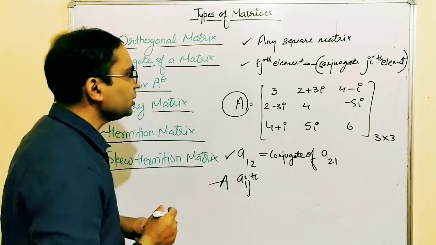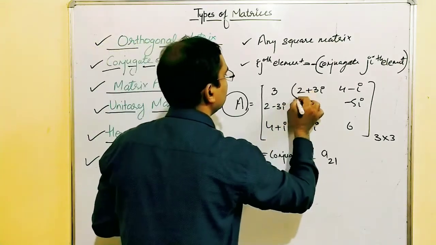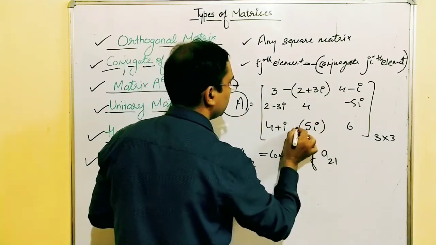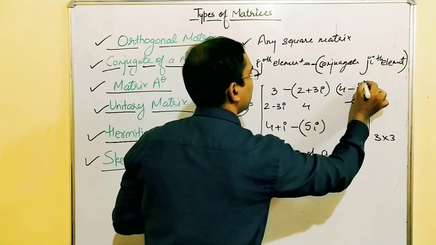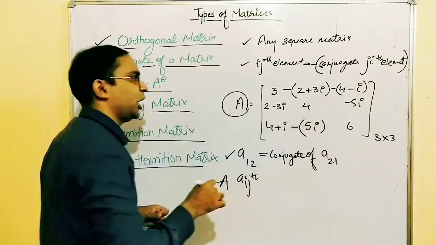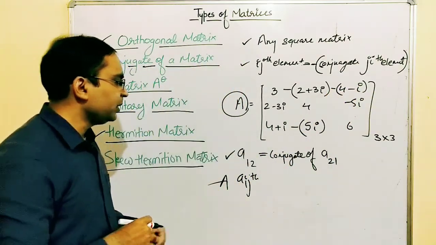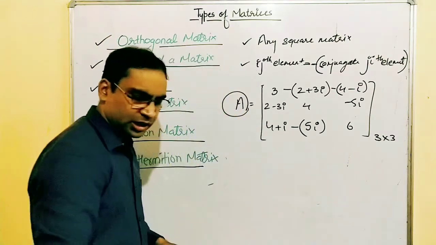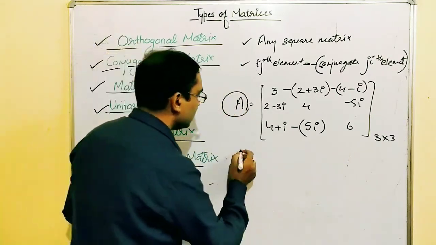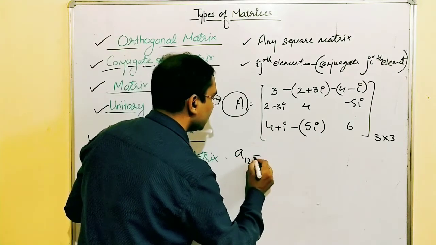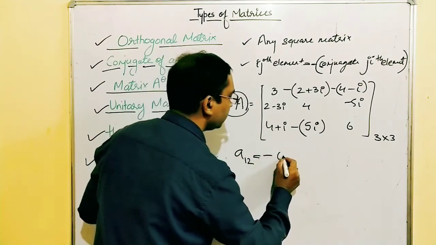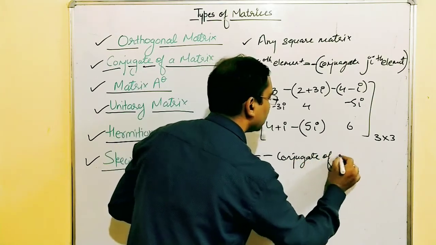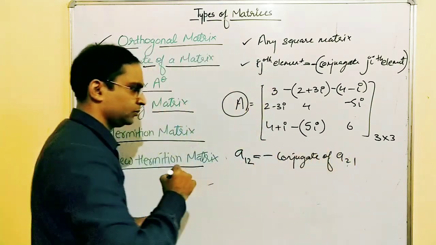So let me change this. If I mark some signs negative here, now let's check. What should the condition be? If I see an element a12, then it should be the negative of the conjugate of a21.